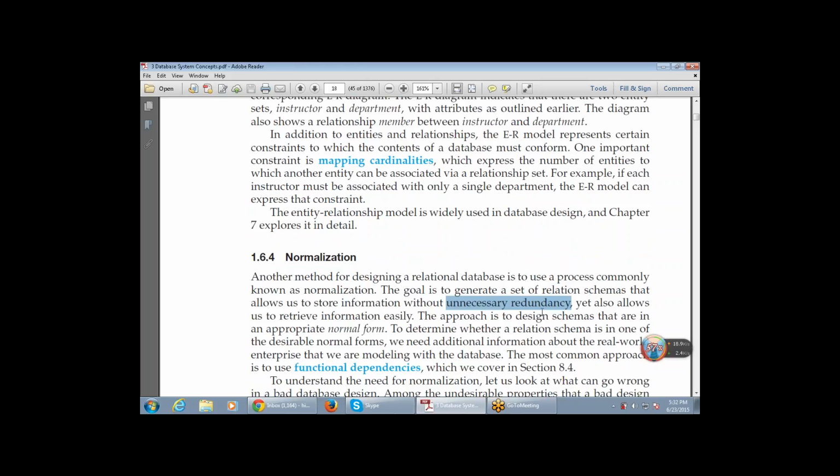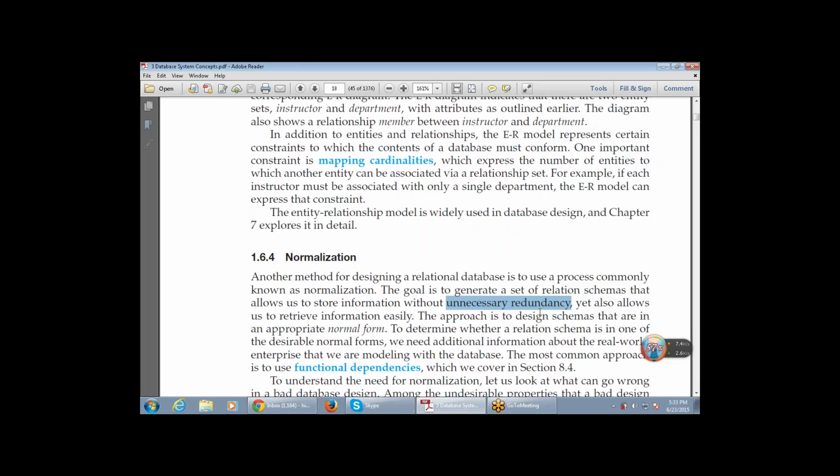So normalization is a process by which we can remove the redundancy, or in simple terms, by which we can sort out and simplify our tables and our database, so that there is no unnecessary redundancy in the database, and it also allows us to retrieve the information very easily.